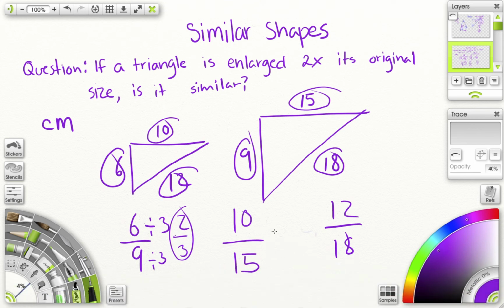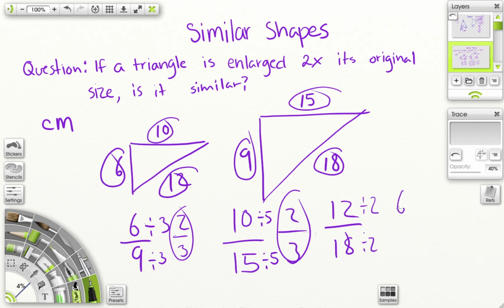Well, can't divide both by 3. However, I can divide both by 5. 10 divided by 5 is 2. 15 divided by 5 is 3. 2/3.